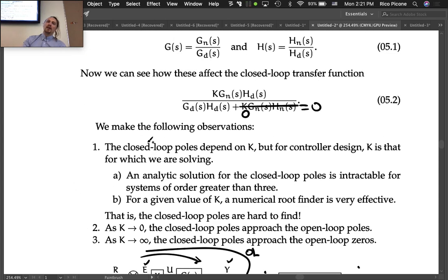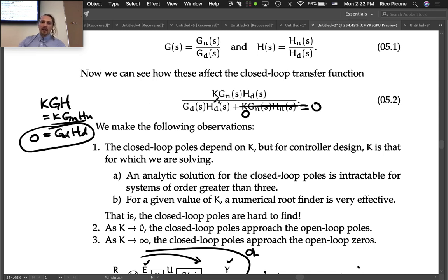Well, the open loop transfer function is KGH, which is just K G numerator, H numerator divided by G denominator, H denominator. And so the open loop poles are found with this formula. And now if k is 0, the closed loop poles are also found with the same formula. So that's important.